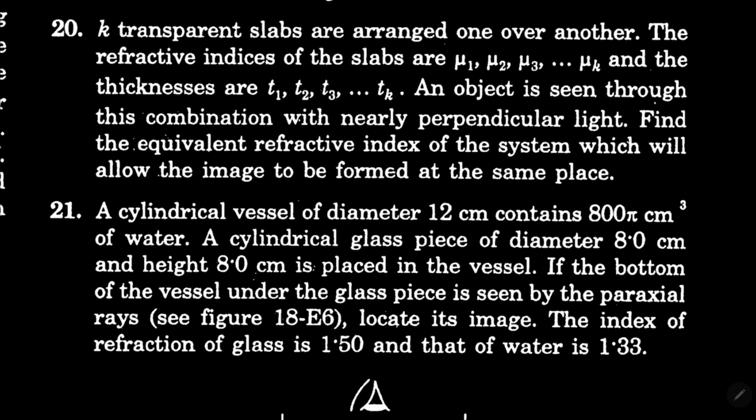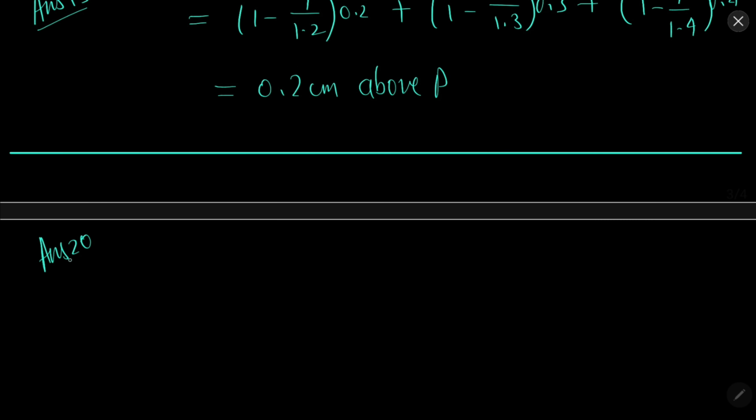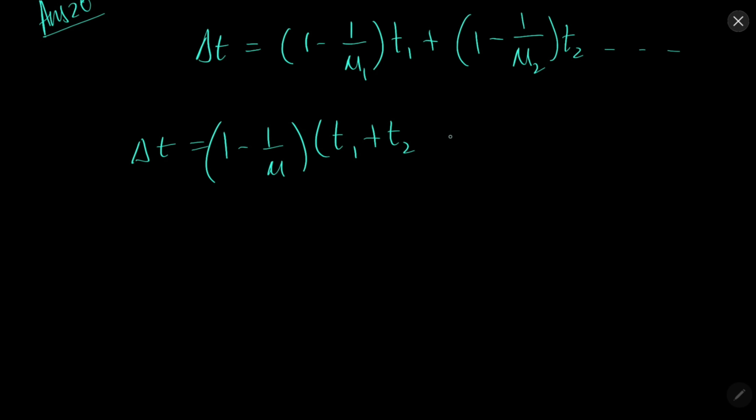In question 20, we need to find the equivalent refractive index of the system which will allow the image to be formed at the same place. Solution 20. In this case, the shift will be 1 minus 1 by mu1 into t1 plus 1 minus 1 by mu2 into t2 and so on. So del t will be 1 minus 1 by mu into t1 plus t2 up to tn.